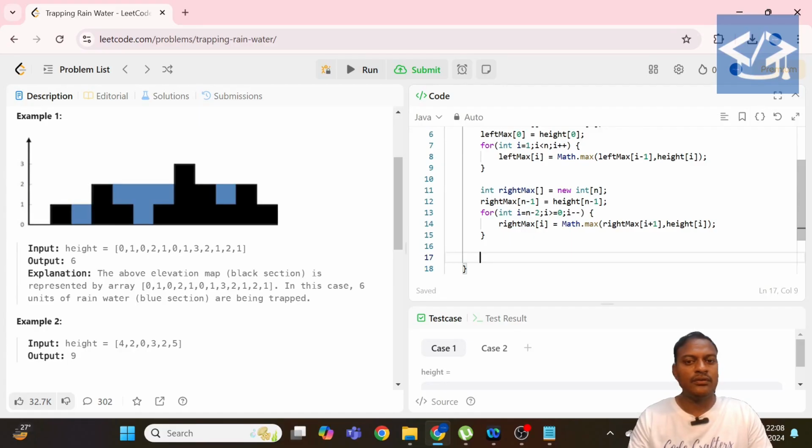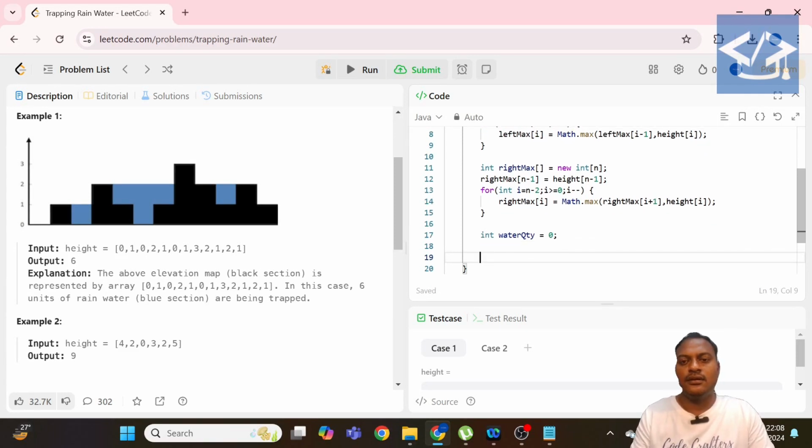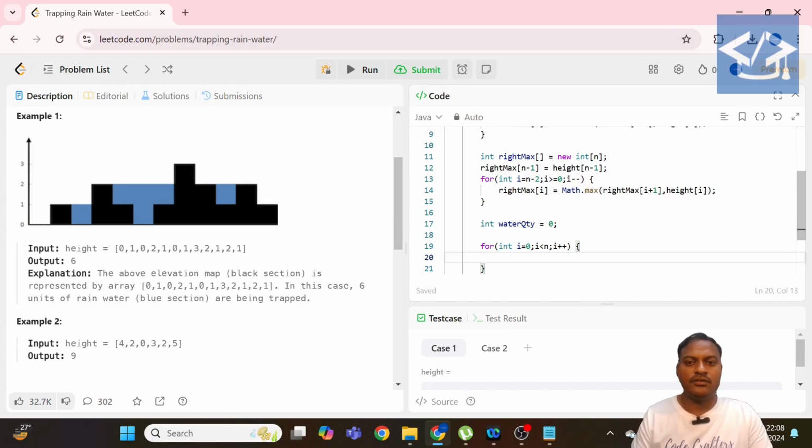Now we have to calculate the amount of water. Let's take water quantity as 0. Now I will run a loop from 0 to n. As I said, the amount of water it can hold is the min of leftMax and rightMax, and from that min we have to subtract the height of the building.